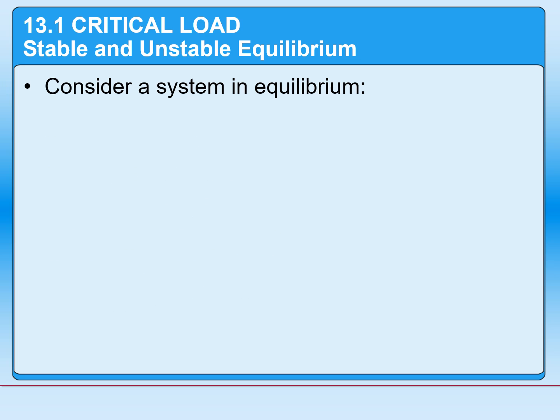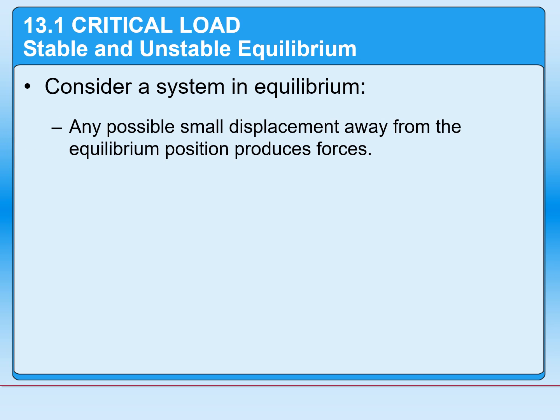So to summarize, if we consider a system in equilibrium, we find that anytime we make small changes in things like displacement or rotations, they're generally going to affect the overall position of the structure, and it's going to produce some resulting force.